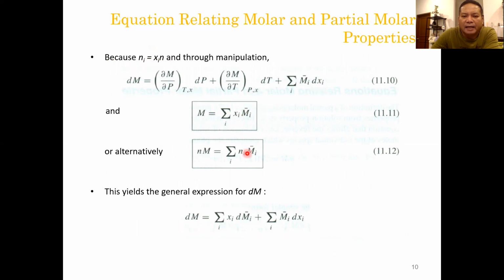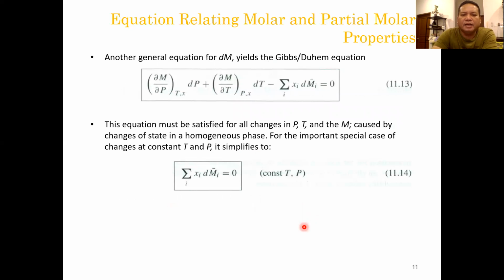This is the basic equation for changes in molar properties: one part is constant x with change in M, and the other is constant M with change in x.